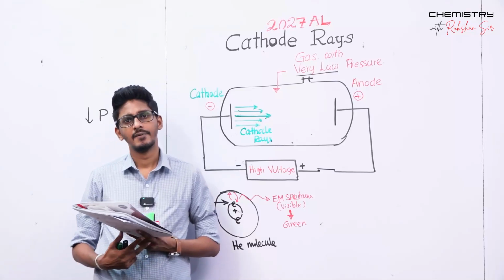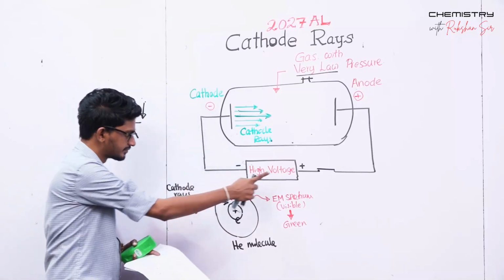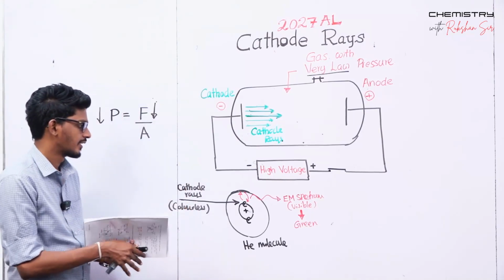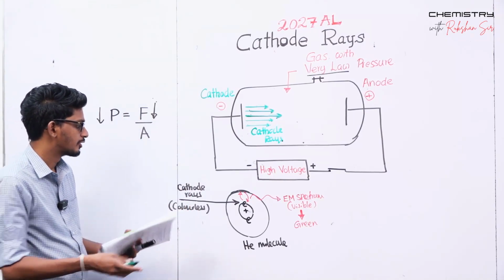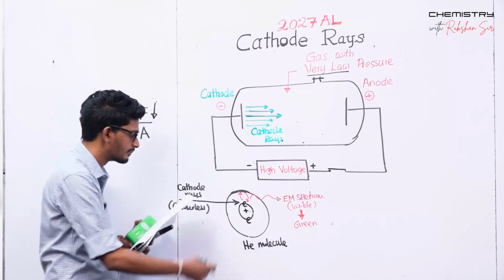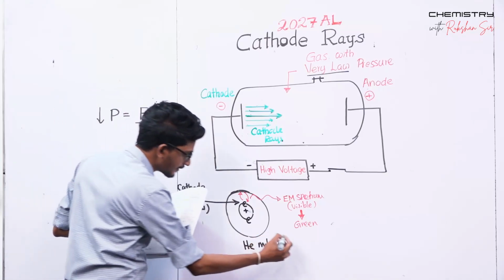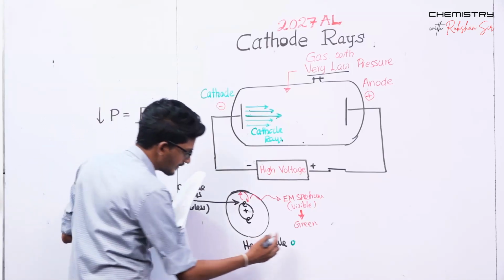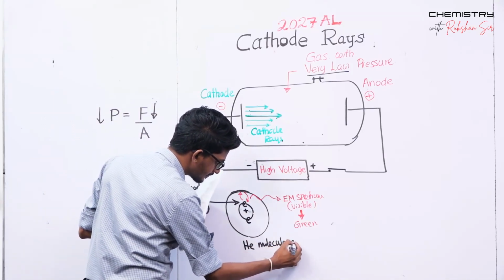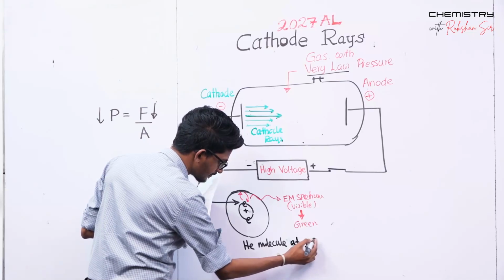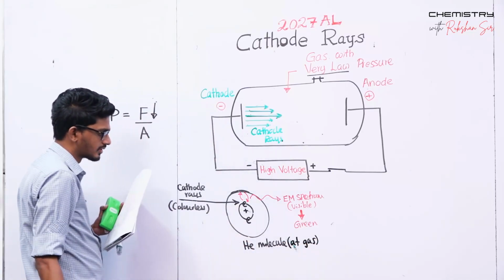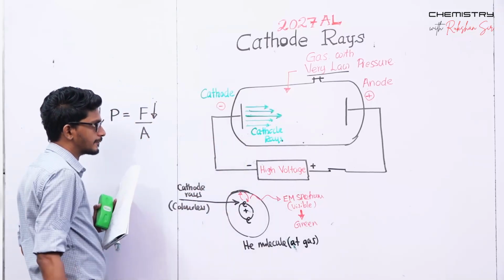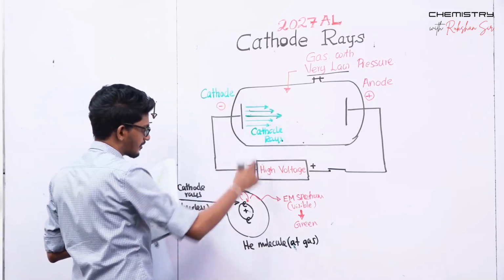So you can draw this one. The cathode rays are colorless, but with this process, this could be helium molecules in the gas, or this could be some atoms of the walls of your container, atoms of the walls of the glass tube.